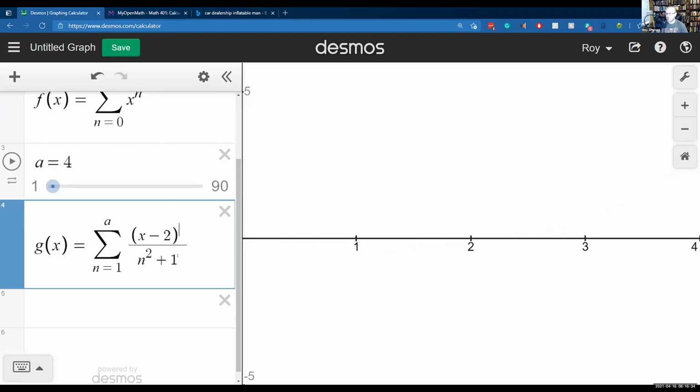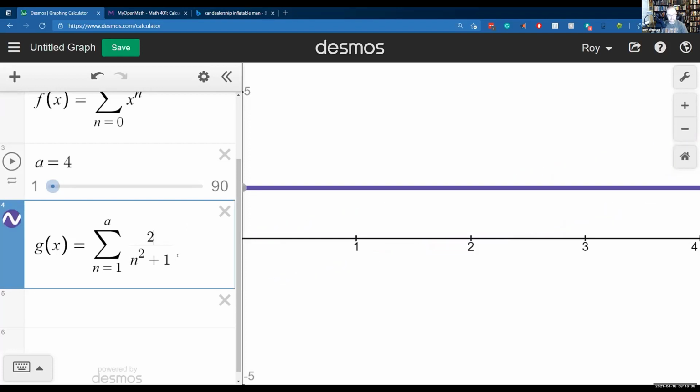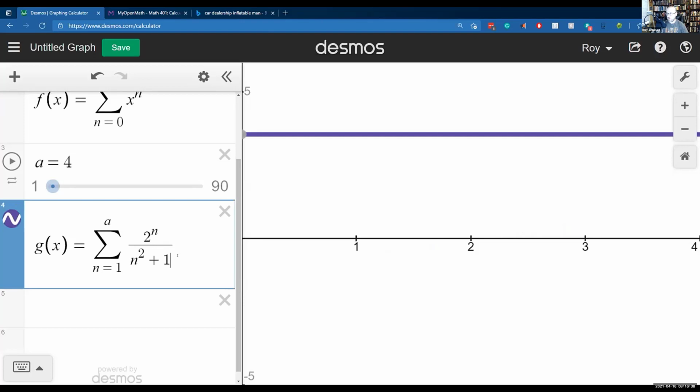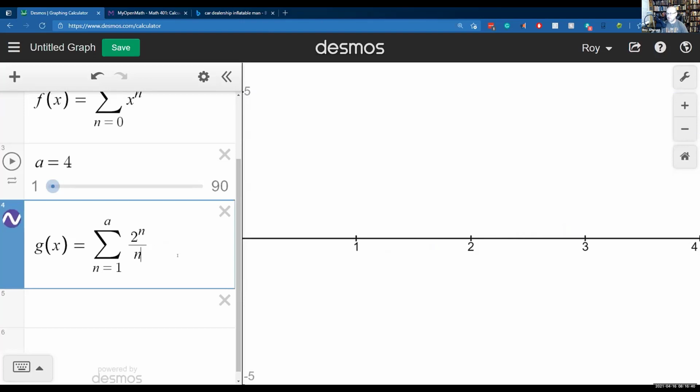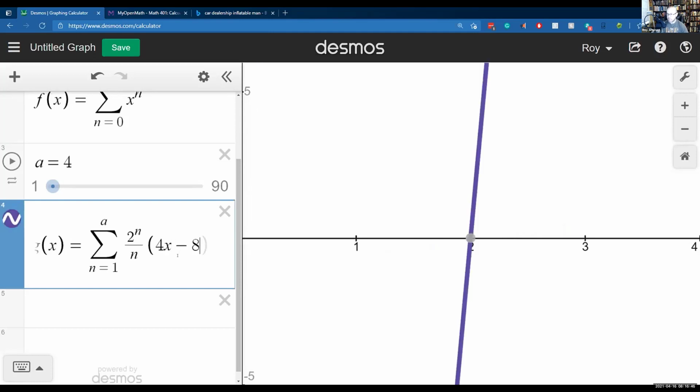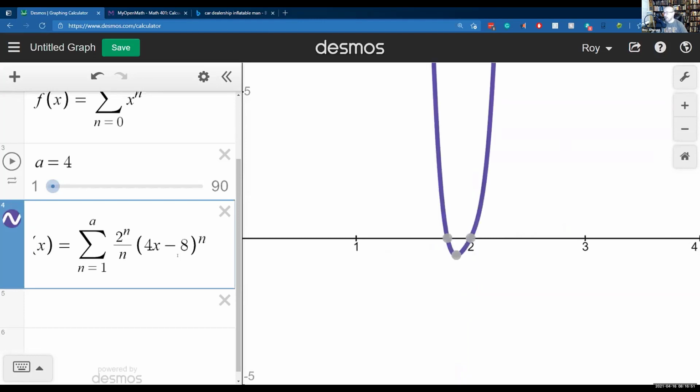And then you type in whatever your sequence term is. In this case, it was 2 to the nth over n, and then times 4x minus 8, to the nth. All right. Now remember, we said the interval of convergence for this was going to be from 15/8 to 17/8.